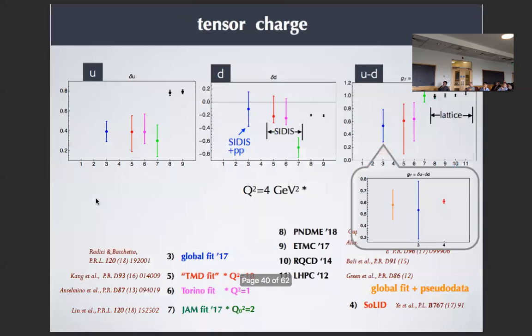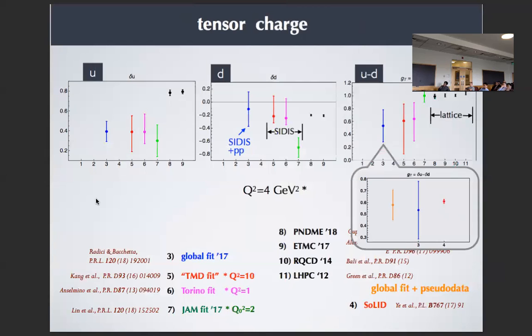Okay, so what happens for the tensor charges? Again, consider the blue points, which are the results of my global fit. And the orange point is what I get if I include this COMPASS pseudo-data. So you see there is quite a significant reduction in error bars. Here as a reference, I quote also the projection from SoLID, okay, that will really change life if this reduction of the error bars will be confirmed.